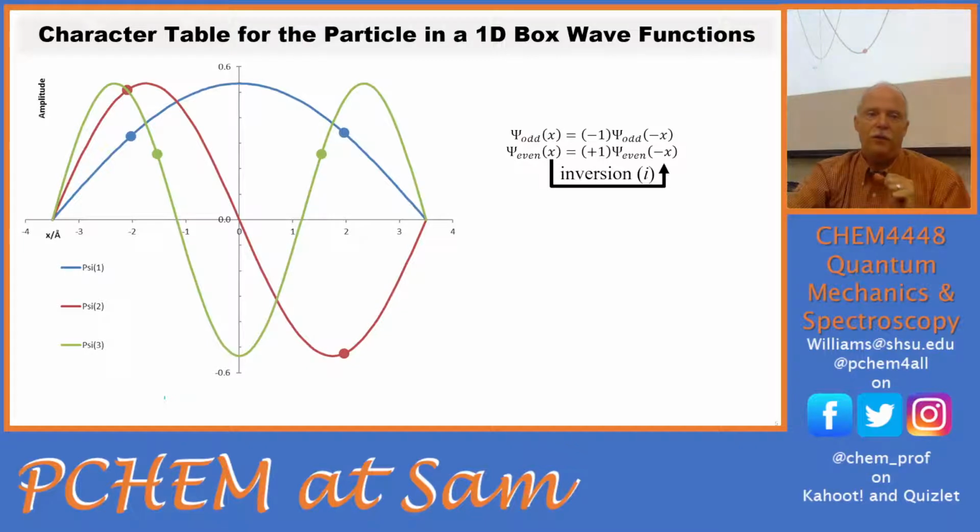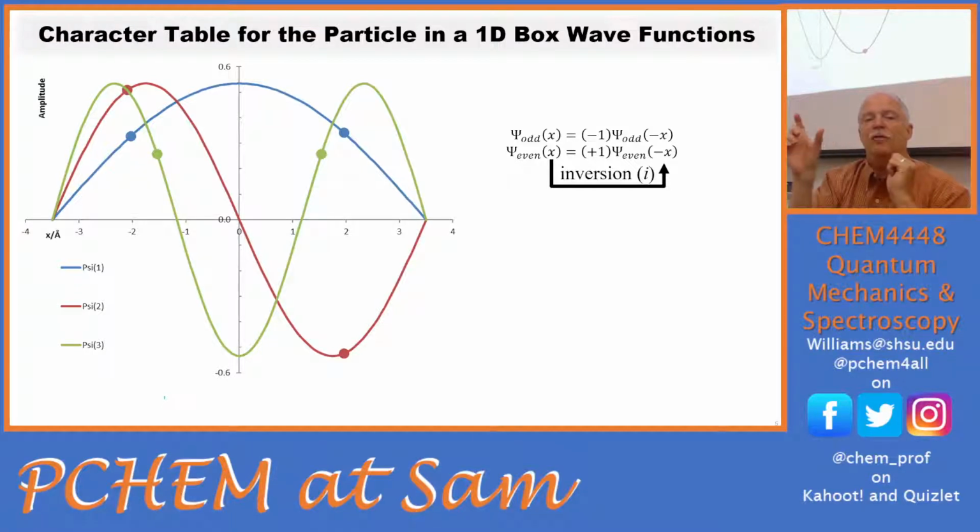So here's back to our particle in a box wave functions. We determined the selection rules on a post-it note last time using even and odd. But now we could take this wave function through that flowchart, and there's really only one thing. There's one axis, right? And so it only has two symmetry elements. It has the identity, which everything has, and it has inversion.